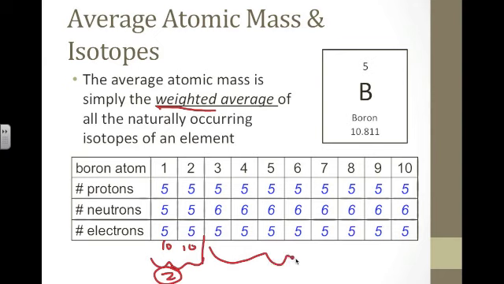But there were 8 total that had a mass of 11. So that's saying that the isotope with a mass of 11 is actually more common than the isotope with a mass of 10, because there's 8 of these but only 2 of these. So a weighted average is just basically accounting for the fact that one isotope happens more often than another isotope.